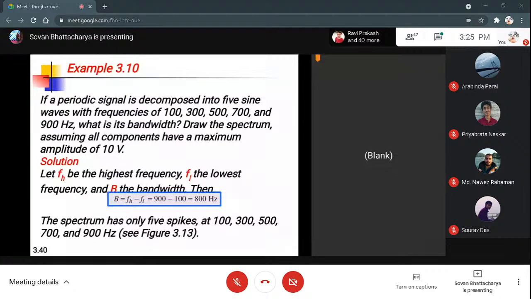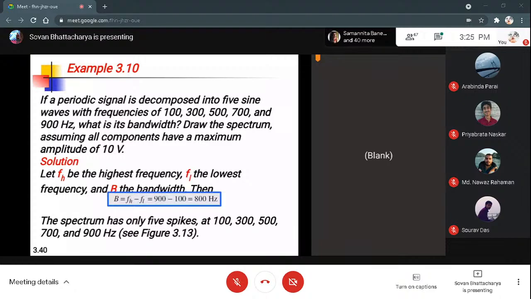This is our problem. In our signal, how many signals are there? Total 5 signals. In the signal, 100 is the lower frequency and 900 is the higher frequency. So what is the bandwidth? The difference, 900 minus 100, that is 800.